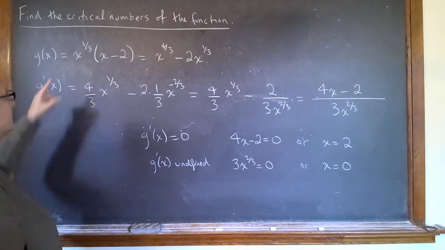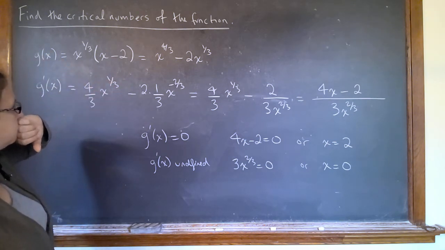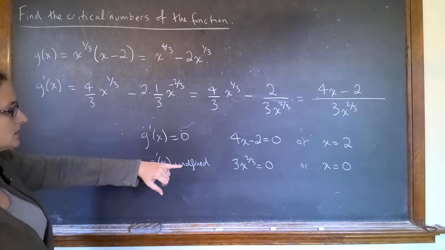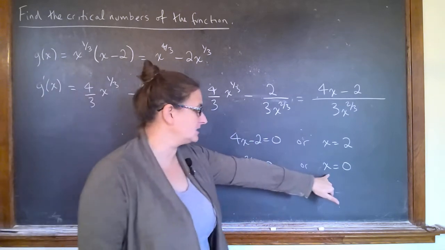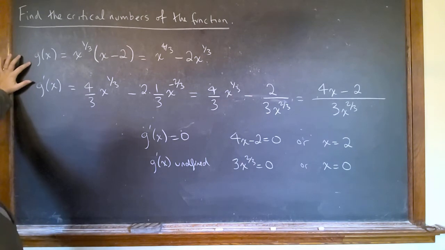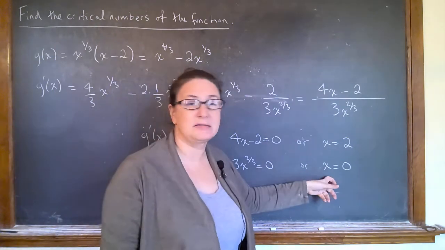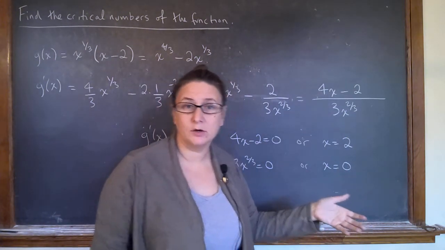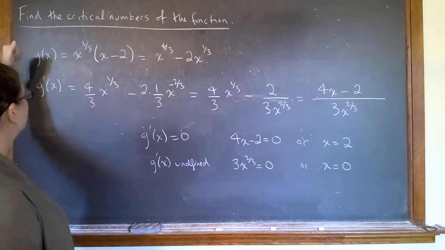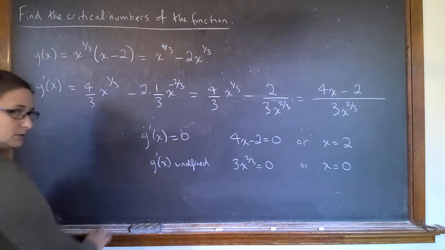I do want to point out, and that's why this is the way I want the sign to be for this problem, I wanted it to be this way because you can see that this x equals 0 is a perfectly legitimate point. G of 0 has a value. It's equal to 0. So this could be a maximum or a minimum. It's a critical point. The derivative is undefined there, but the function itself is not undefined there. 0 is in the domain of this function.